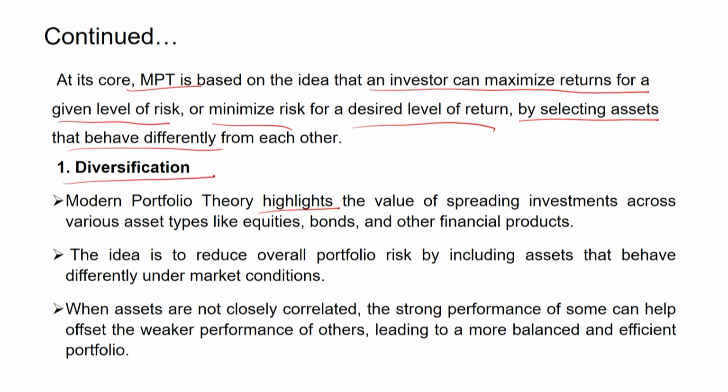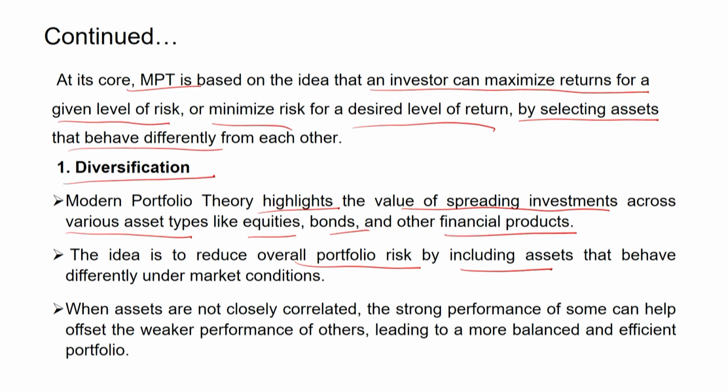That means it emphasizes the value of spreading investment across the various asset classes such as equity, bonds and other financial products, which may help the investor to increase the profitability in their investment, as well as help in reducing the portfolio risk, because all of these assets may behave differently in different market conditions in the same economy.